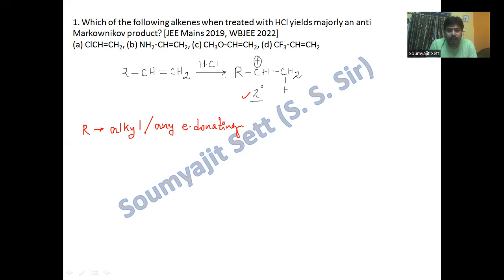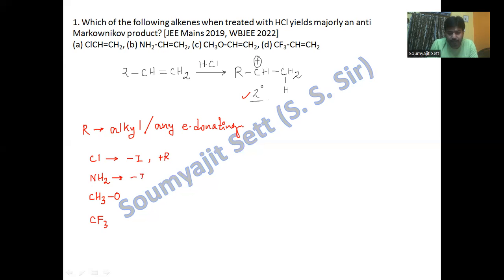Now let's see, the provided R groups are what? In the first option it is Cl, second option it is NH2, in the third option it is CH3O, that is methoxy, and in the fourth option it is CF3. Now Cl has minus I effect as well as a little bit of plus R effect.